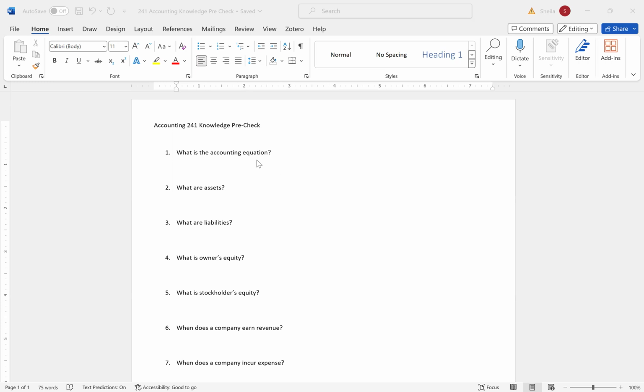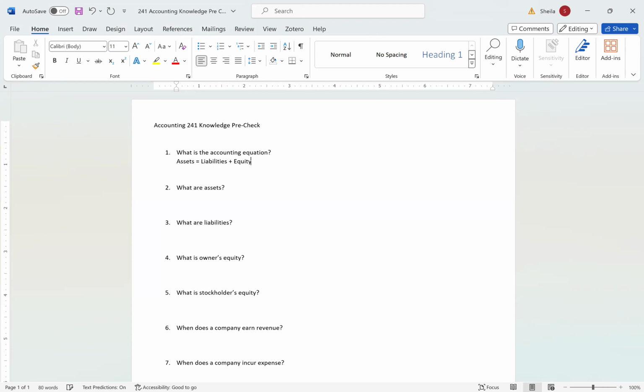So what is the accounting equation? The accounting equation is the basis for keeping all of our financial records and individual transactions in balance for any type of business. So this applies to every single business, and it is assets equals liabilities plus equity.